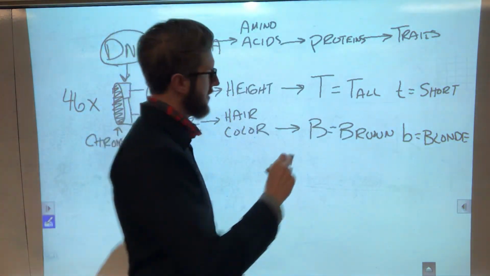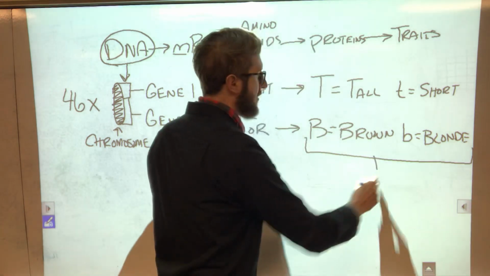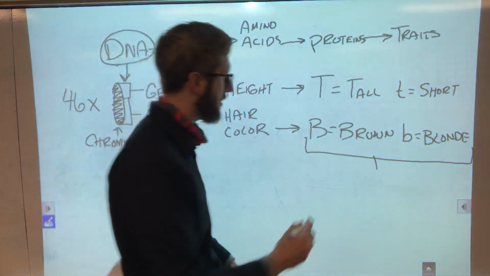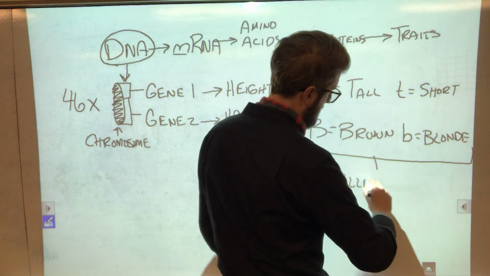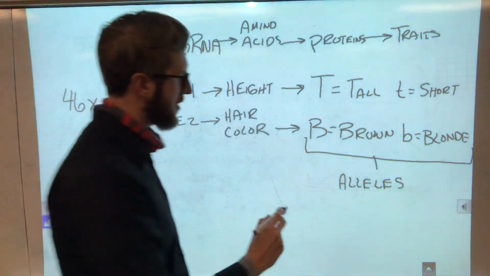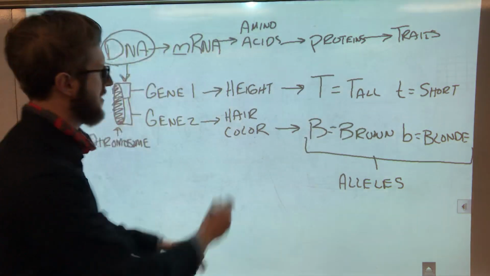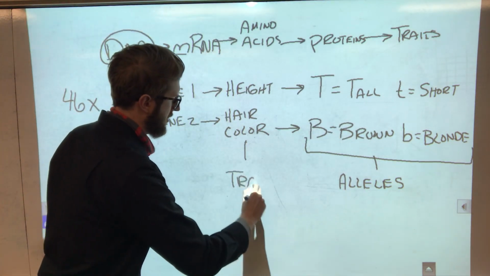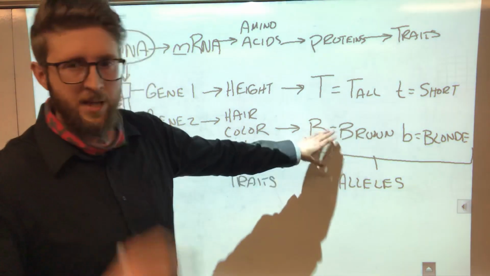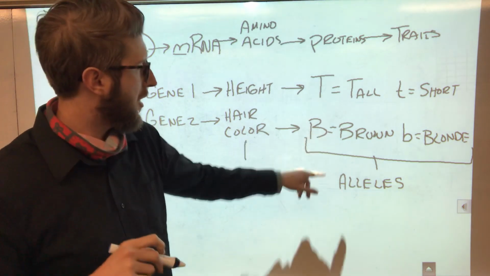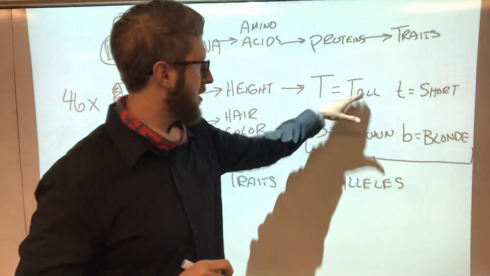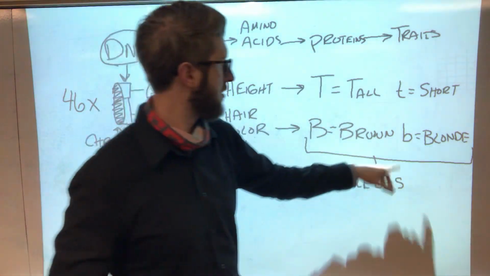So each of these variations of a trait, tall, short, brown, blonde, these variations are what we call alleles. Okay? So alleles are just variations of the traits. Now, you'll notice that some of these alleles are capital, like big B and big T, brown and tall, and some of these alleles are lowercase, little b and little t.